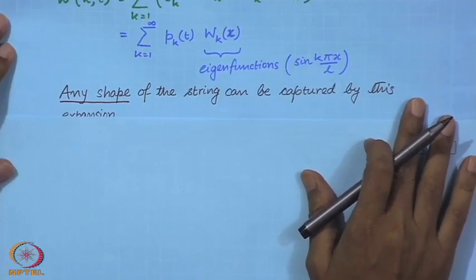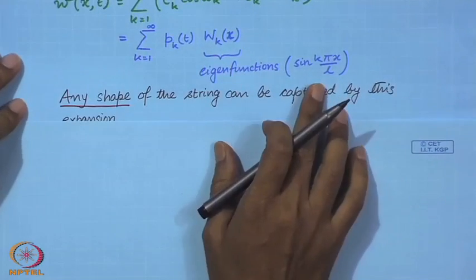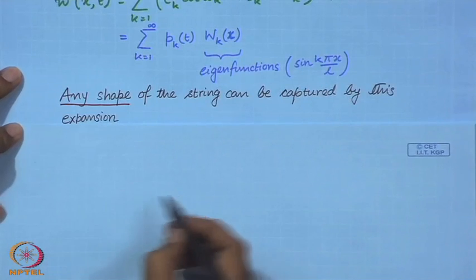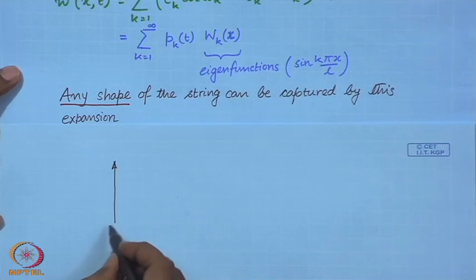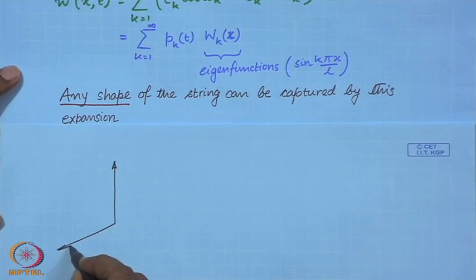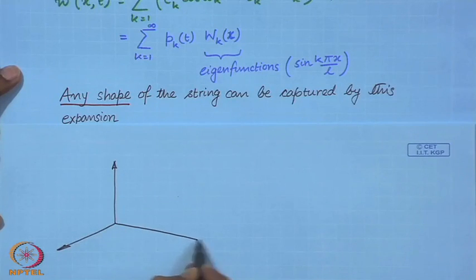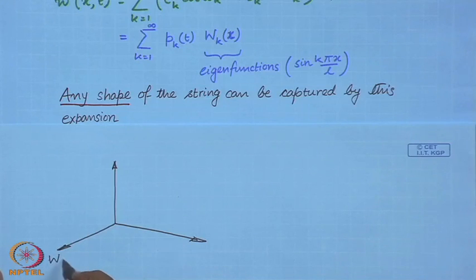We have also discussed that these eigenfunctions are orthogonal. If I want to have a visualization of this, these eigenfunctions are orthogonal and this forms a function space with what we call the basis.